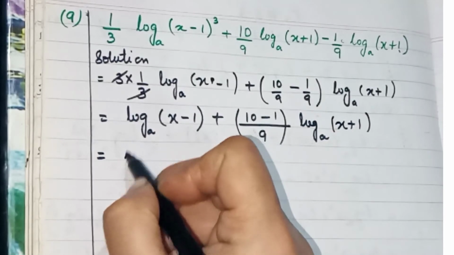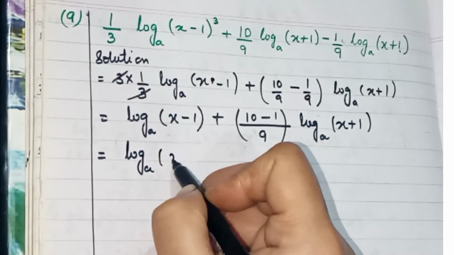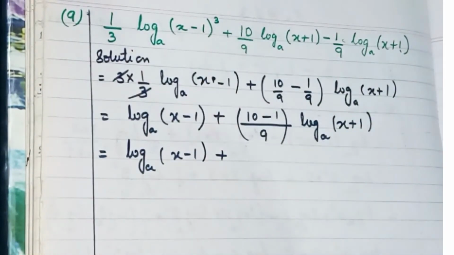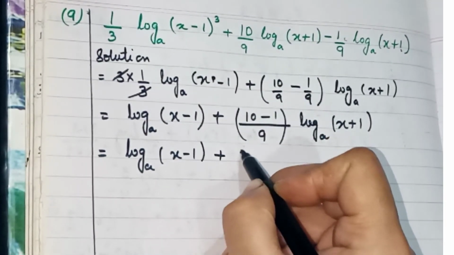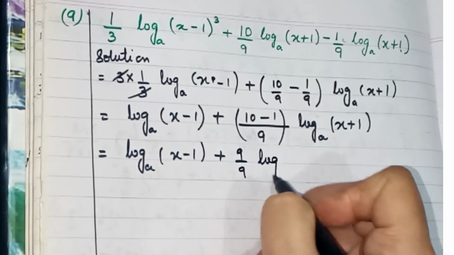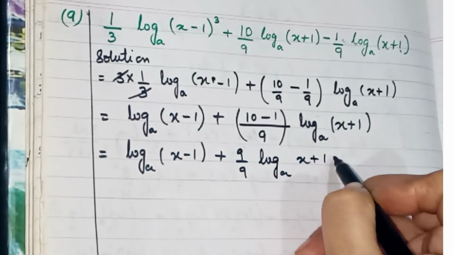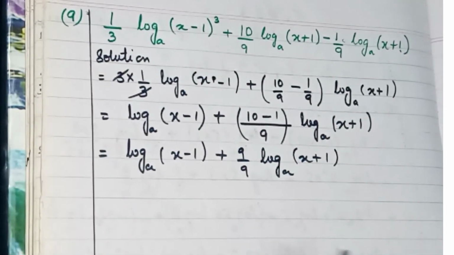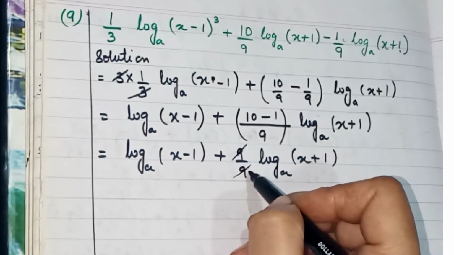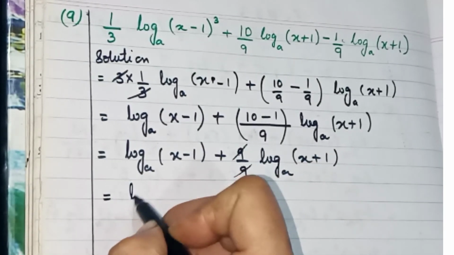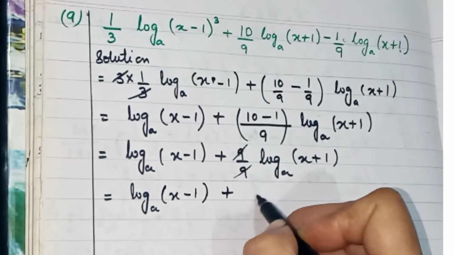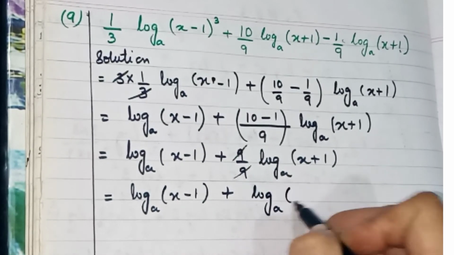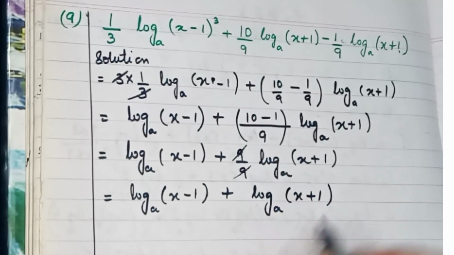The answer of this side is, this will remain the same, and the answer of this is 9 upon 9, which means 1. It will be 1 also. Okay, so we have to cancel this 9 with 9 and we are left with 1 here also. So this is x plus 1.